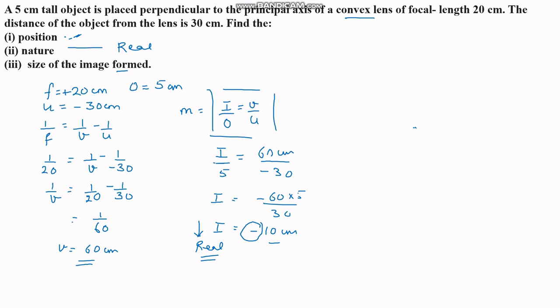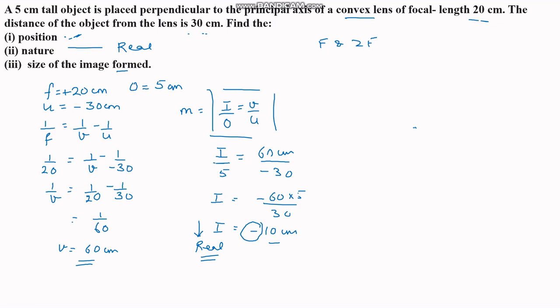And again, see, very easily you can know that when the focal length is 20 centimeter and the object is at 30 centimeters, that means it is placed between F and 2F. So you very well know when the object is placed between F and 2F, where will the image be formed?